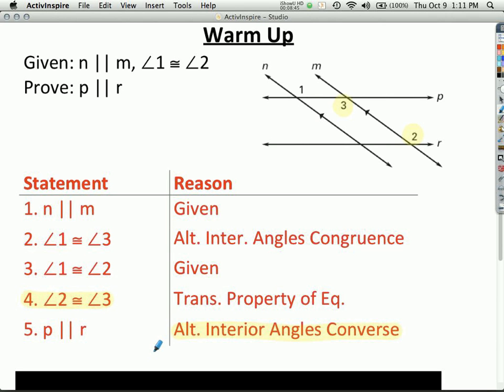Any comments or questions? So Stephanie, you said that your second to last step was angle 1 is congruent to angle 3. But that does not prove that P is parallel to R. So how did you get from there to the final statement?